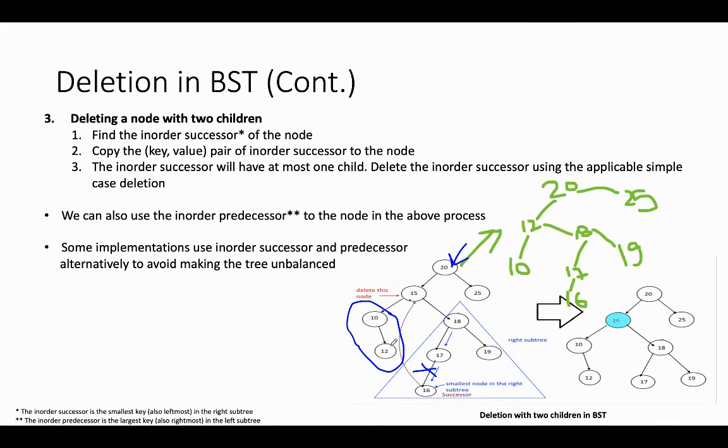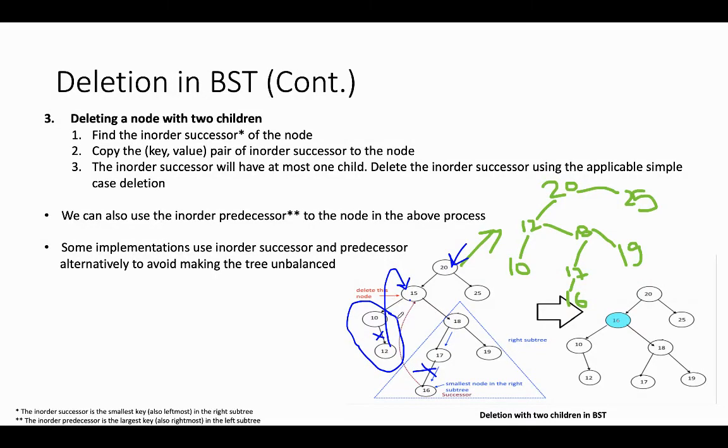So first we need to copy this key value in this node, and then we can simply remove this node using case 1, because in case 1 we have seen how to delete the node which has no children. We can simply remove it.